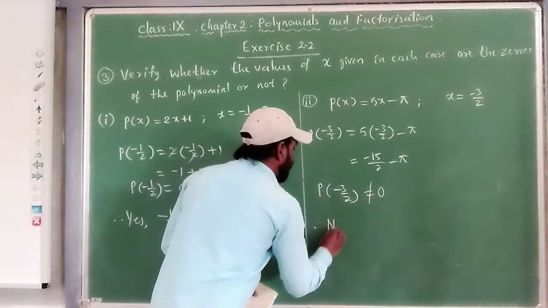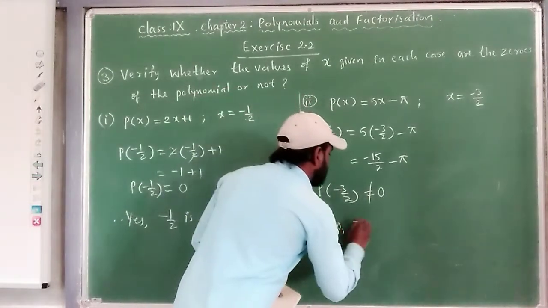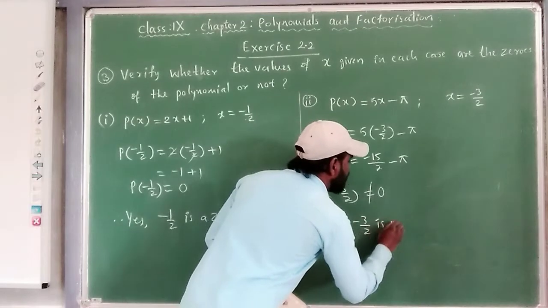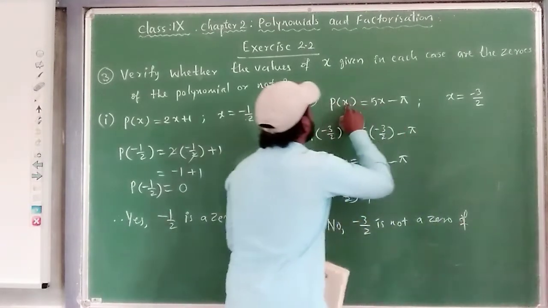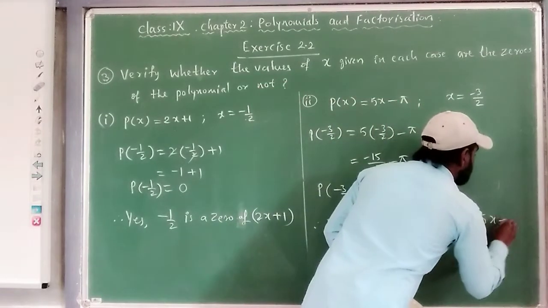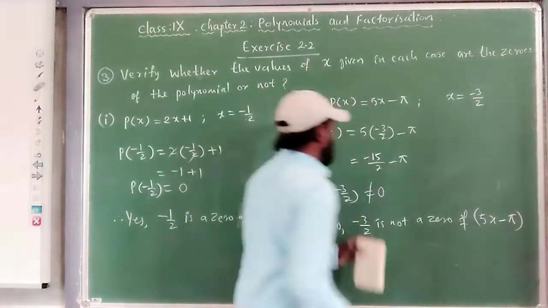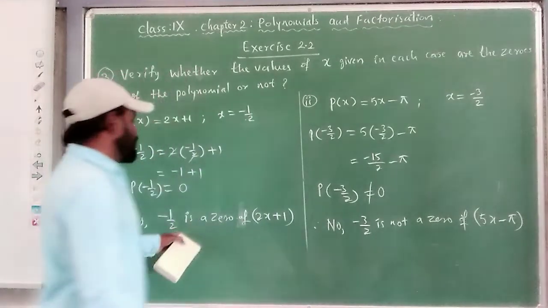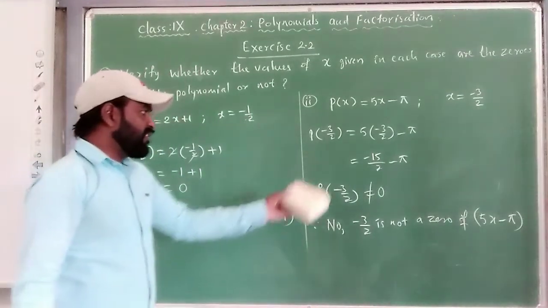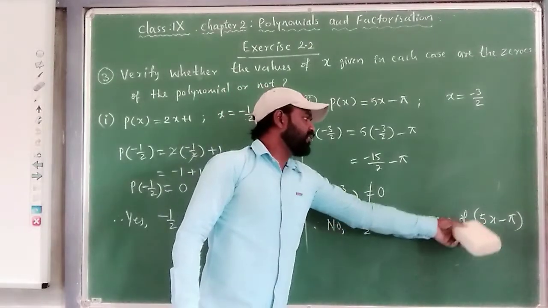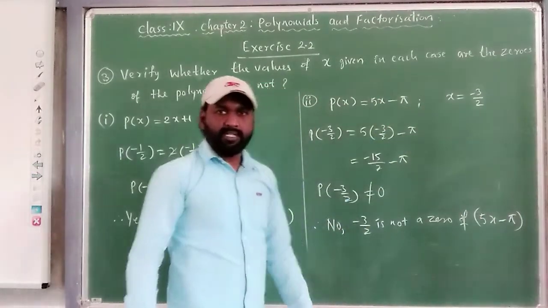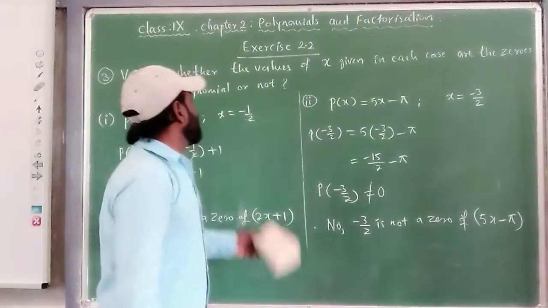Therefore, minus 3 by 2 is not a 0 of this polynomial 5x minus 5. If the value becomes 0, yes, it is a 0 of the polynomial. If the value is not equal to 0, then minus 3 by 2 is not a 0 of the given polynomial 5x minus 5. Hope you all understood.